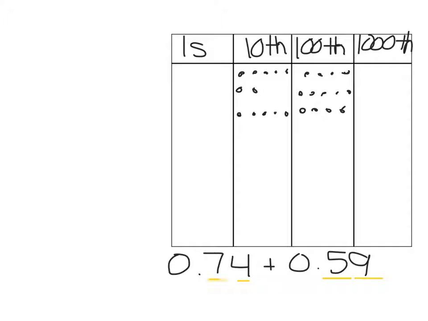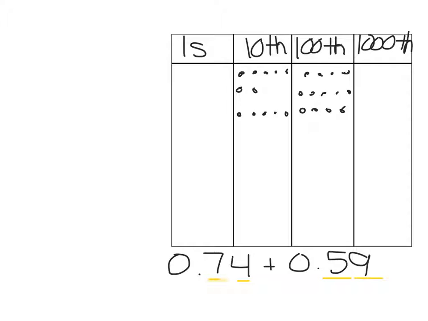Right. And just as we had done last time, now we can take a look and see how many discs we have in each of those place values. So starting with our hundredths place, we'll count and we'll see that we have 1, 2, 3, 4, 5, 6, 7, 8, 9, 10, 11, 12, 13 discs in that hundredths place.